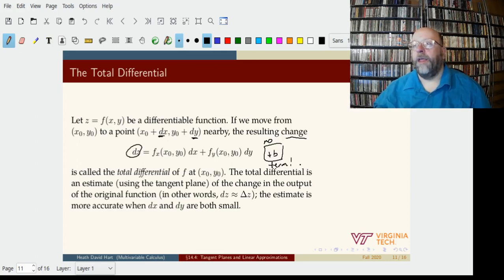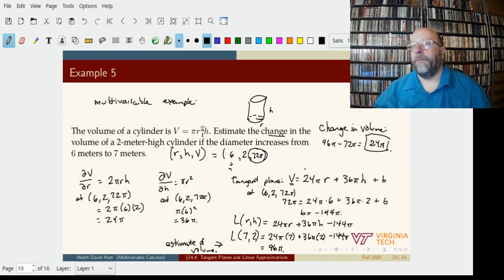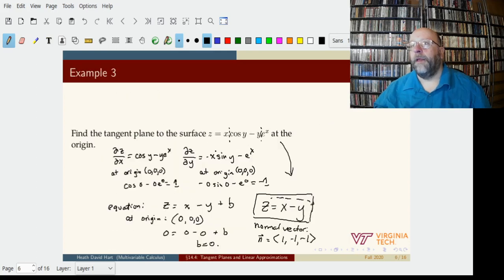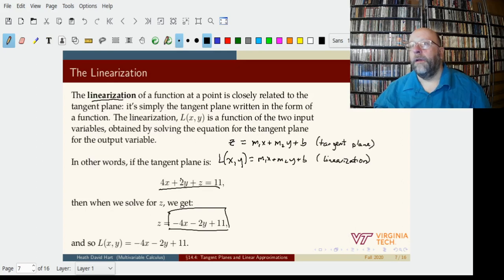So it's almost like the linearization. Let me back up here, a little bit more. Right here, where we get the partial derivative times x and a partial derivative times y, but the plus b, because there's no change in it, is a constant, it's the same before and the same after.